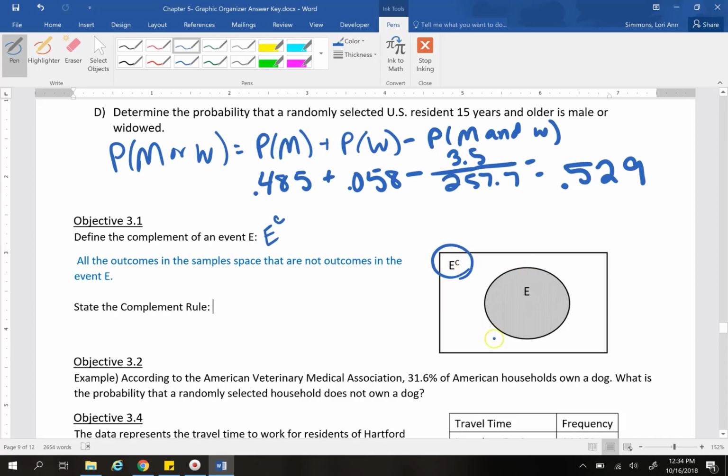So this is everything outside of the event. And to find the complement, the probability of E to the C is 1 minus the probability of E.